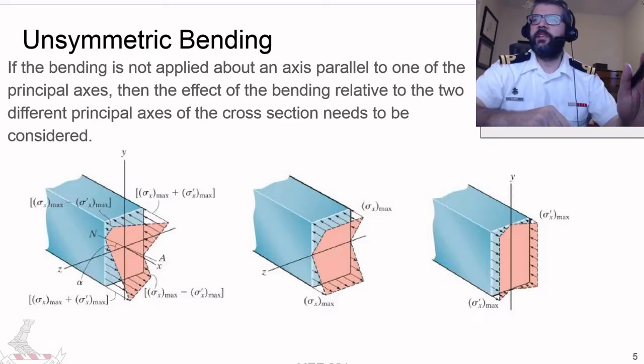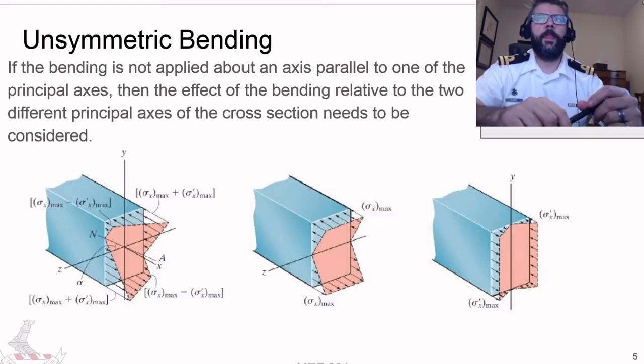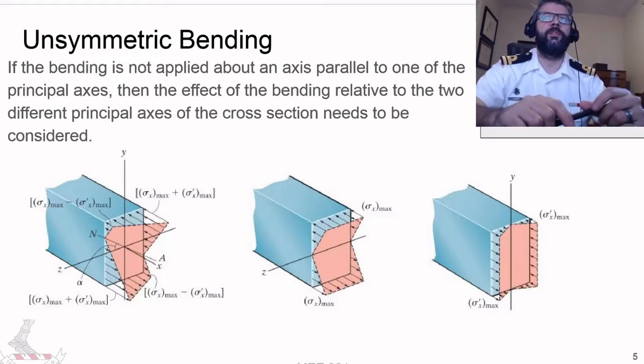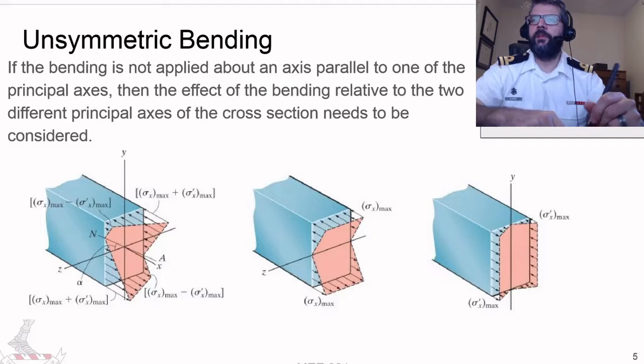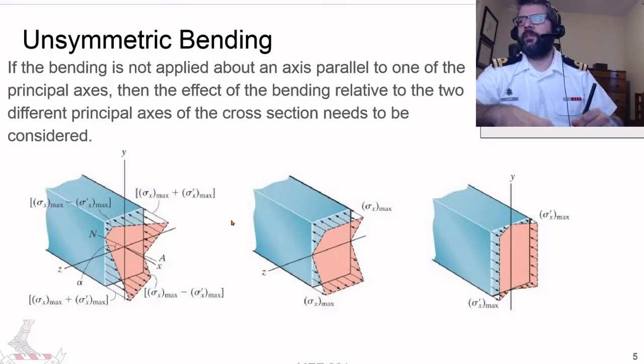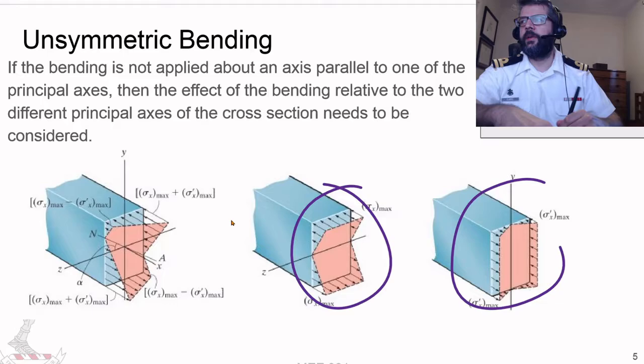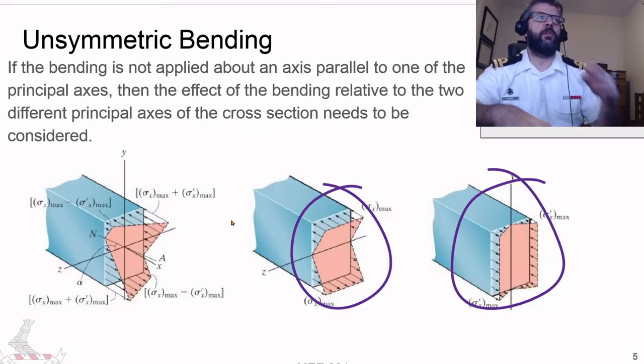So we're also still going to get a neutral axis. Unlike the neutral axis for a symmetric bending situation, it's not defined solely based upon the geometry, because basically we're going to have this combined with this in a manner that causes those two things to combine together to create zero stress at various points along the cross section.